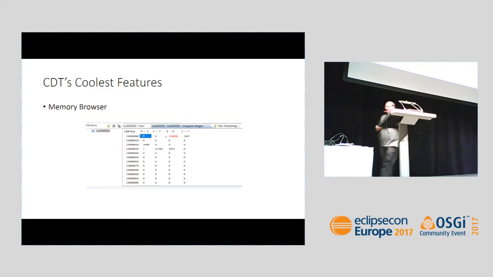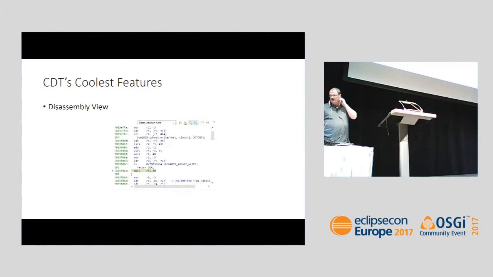That was pretty useful. We have things like the disassembly view, things you don't have to worry about in Java. But often when you're writing hardcore device drivers or something very low level, you want to actually see what assembly code is generated. And if you don't trust the optimizer of the compiler, you want to see what the assembly code is. And you can step through it instruction by instruction.